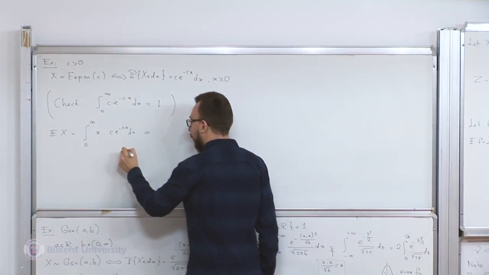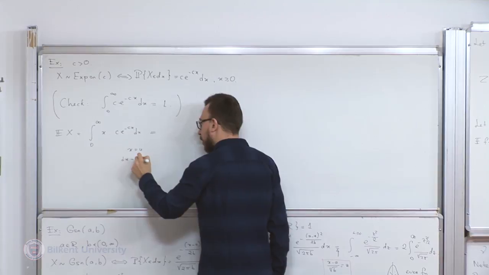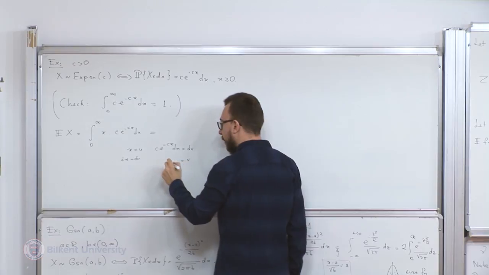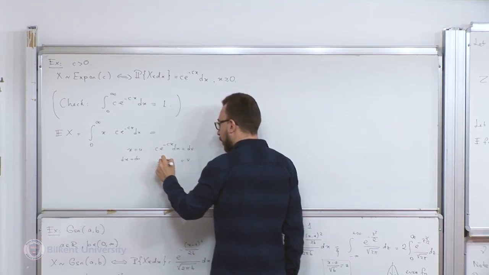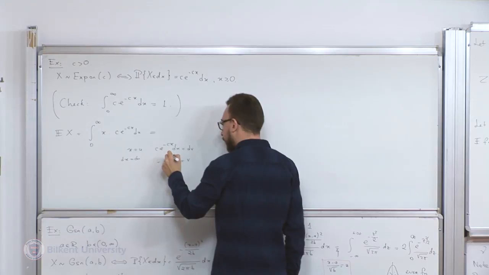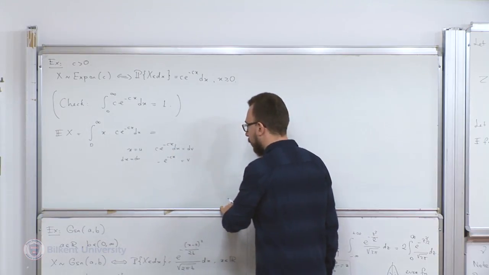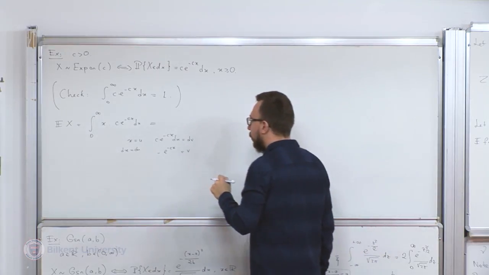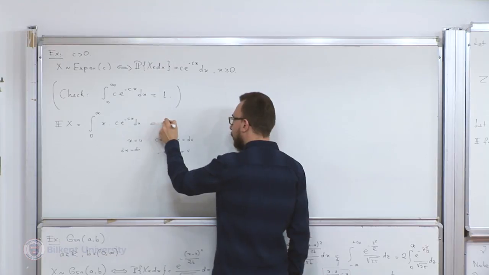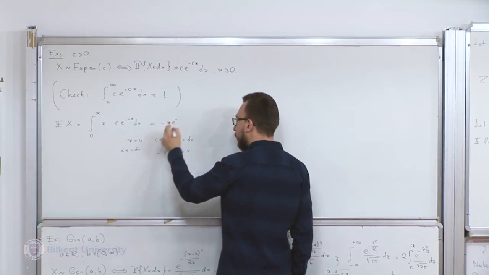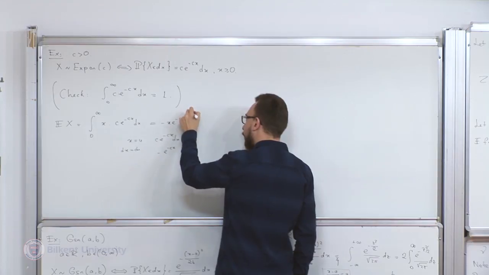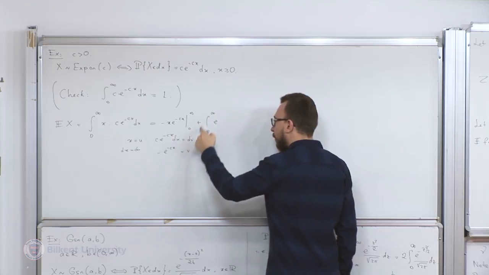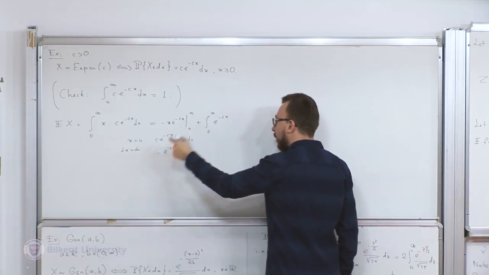Let's call x maybe u, and the rest dv, so that v is negative e to the negative cx. Then this is u times v, so this is x times negative e to the negative cx from 0 to infinity, minus the integral from 0 to infinity of v, which makes it a plus, du, which is dx.